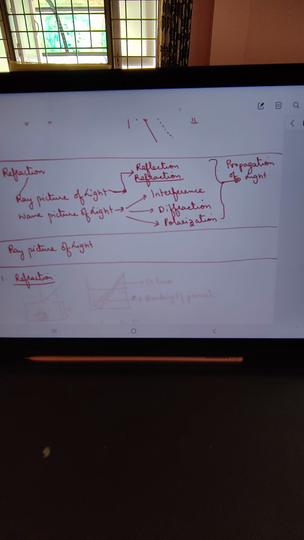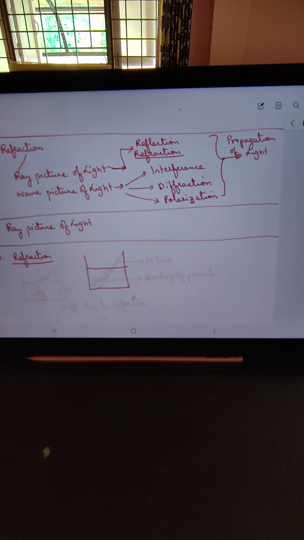If I take a common example, let us say you dip a pencil. I am dipping a pencil in water, but then what you would see is that you would not see it to be a straight line. You would see it to be bent.